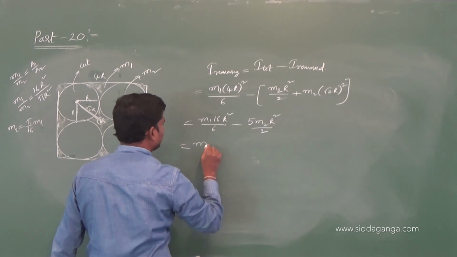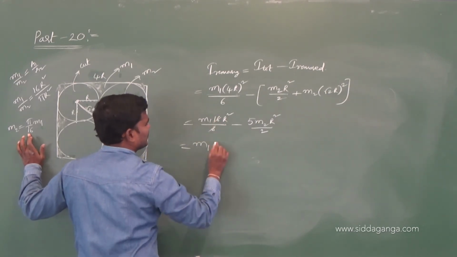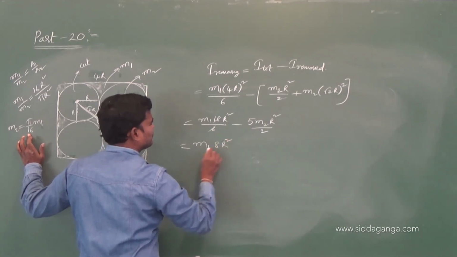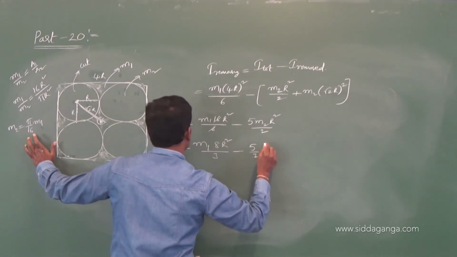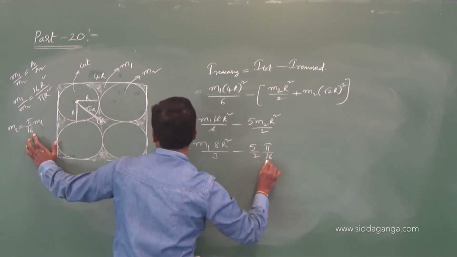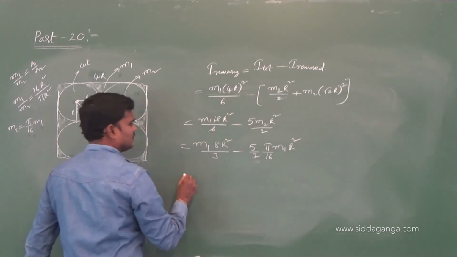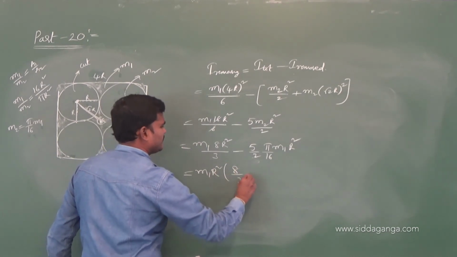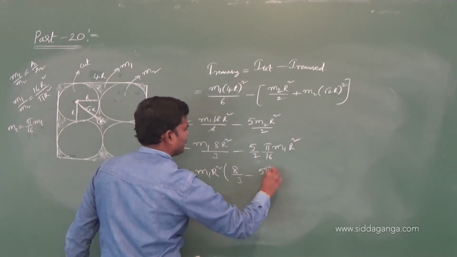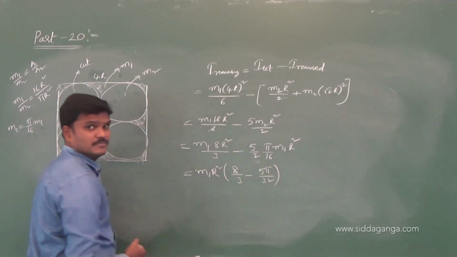So m1 let me keep as it is, 8 r square by 3, 5 by 2 m2 which is pi by 16 m1 r square. So let me take m1 r square common, 8 by 3, 5 pi by 32 I am getting. Check the calculations.